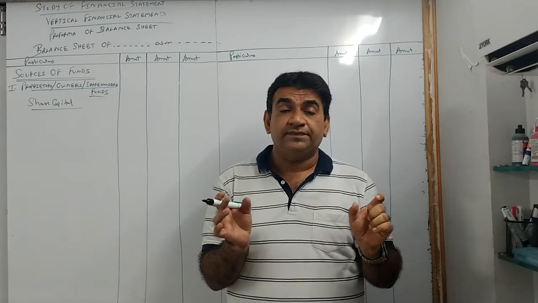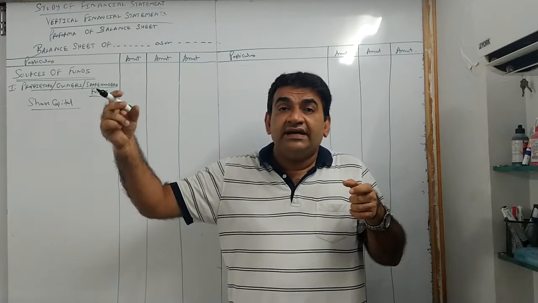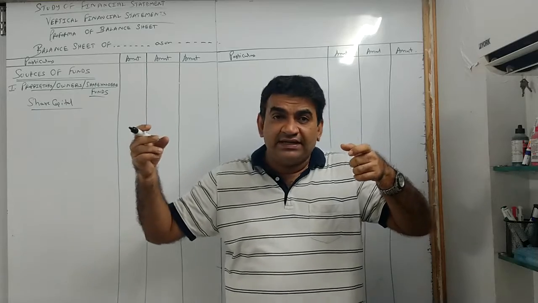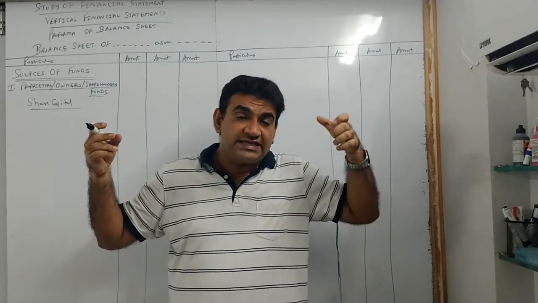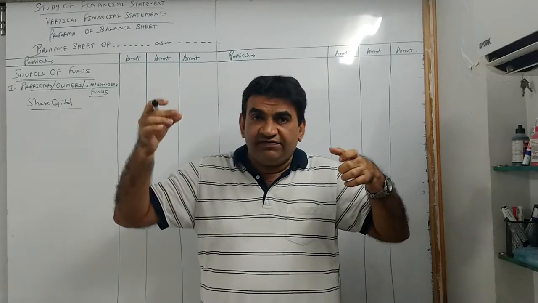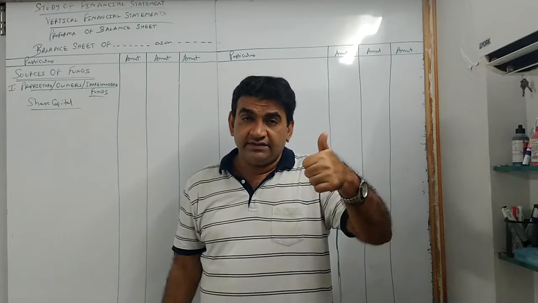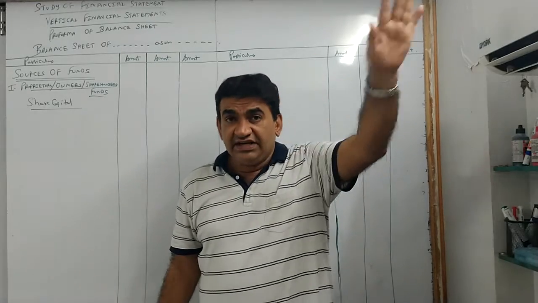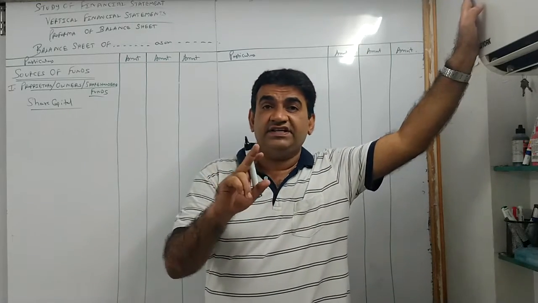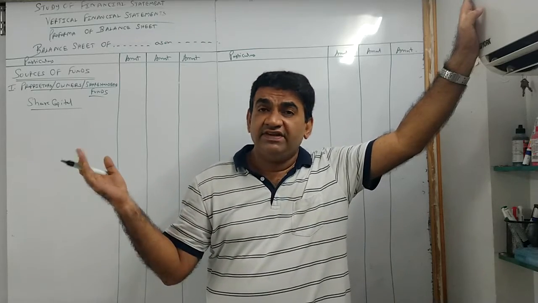The reason one side is called preference share capital and the other equity is that preference shareholders have two preferences over equity shareholders. First, equity shareholders do not get a fixed rate of dividend. When we put money in a bank, we get interest.